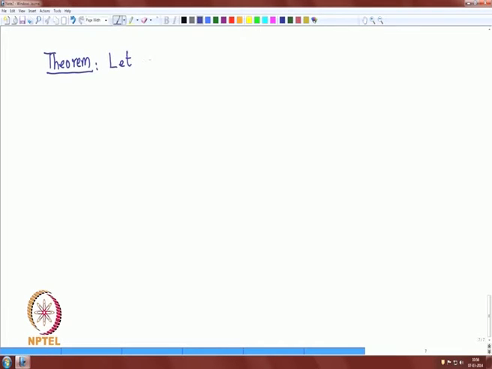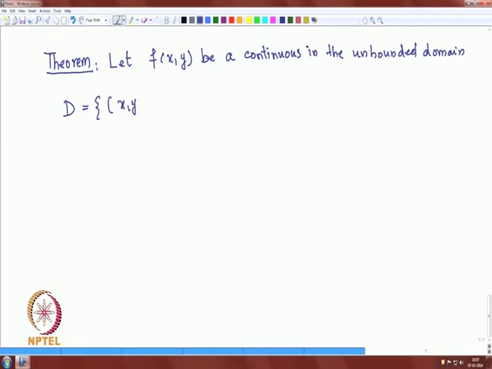Let f of x y be continuous in the unbounded domain, denote this by D, which is equal to the set of all x y in R2 such that a is less than x less than b, x is bounded between a and b, and minus infinity less than y less than infinity.